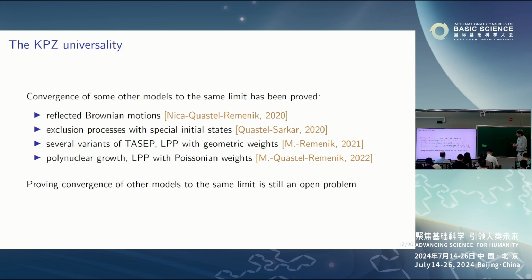So the only attempt, as far as I know, to prove convergence to the KPZ fixed point of a model without using exact formulas was done by Quastel and Sarkar. What they did is they looked at exclusion processes and compared the distributions of quite general exclusion processes to TASEP. So from convergence of TASEP, they could conclude convergence of these quite general exclusion processes.